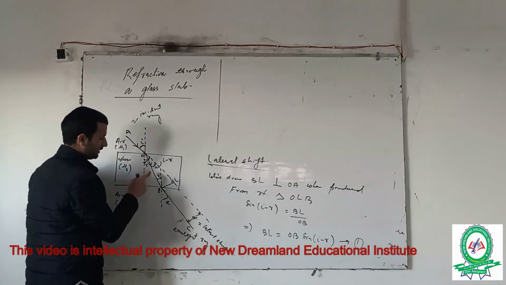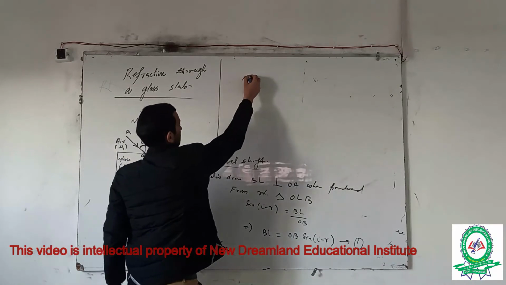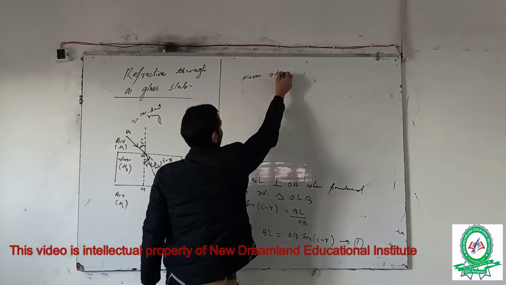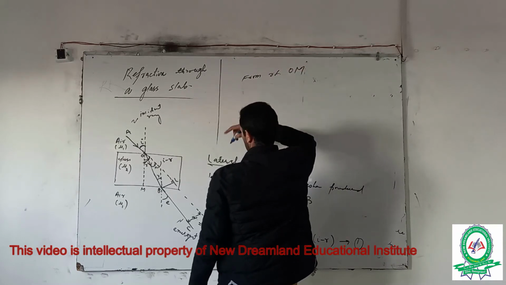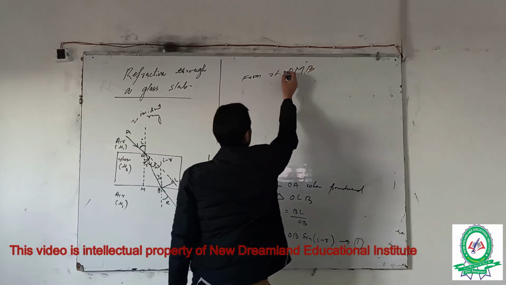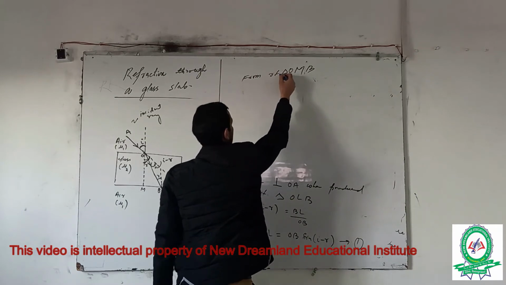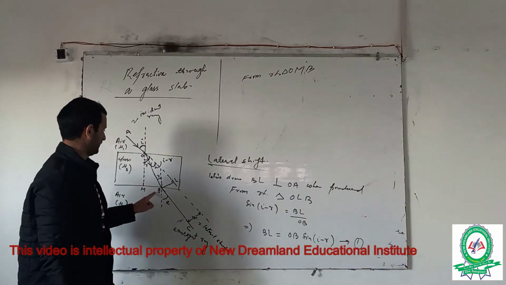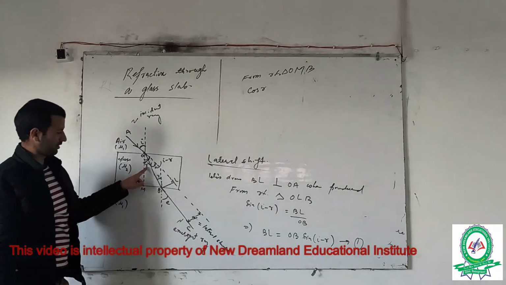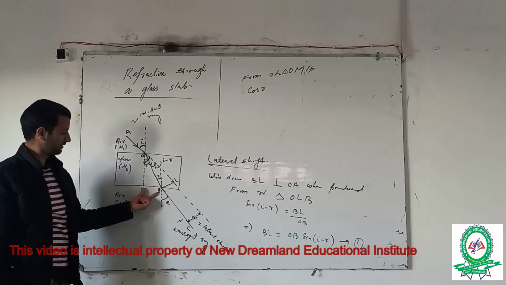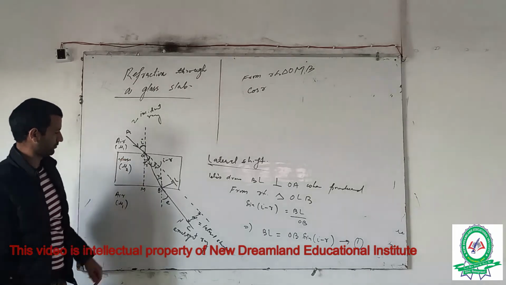Now look at this triangle. From right triangle OMB we have cos of R will be base divided by hypotenuse.